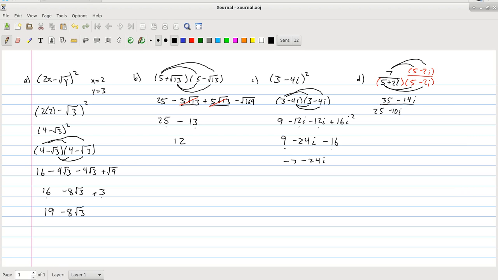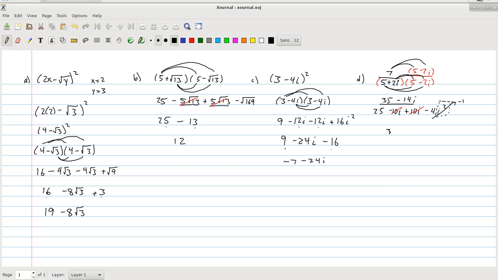Then we distribute 2i to both terms. So 2i times 5 is positive 10i. Positive 2i times negative 2i is negative 4i squared. We combine like terms, so negative 10i and positive 10i will cancel. And then note that i squared is negative 1.